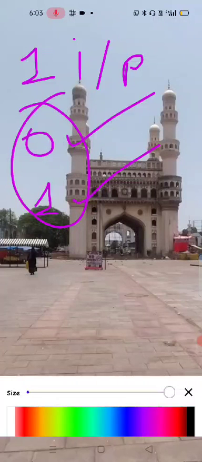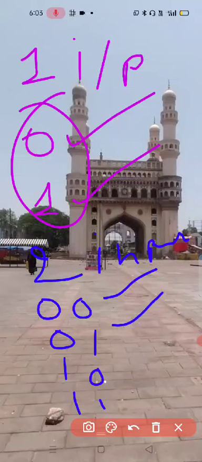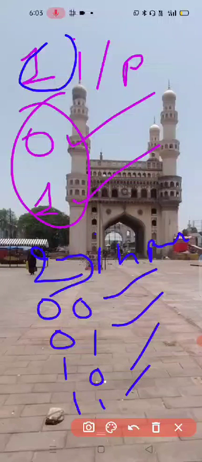These are the possible inputs. But with two inputs, the possibilities are 0 0, 0 1, 1 0, 1 1, and there is no other combination. So we get a total of 4 combinations with two inputs, while with one input we only have either 0 or 1, only two possibilities.